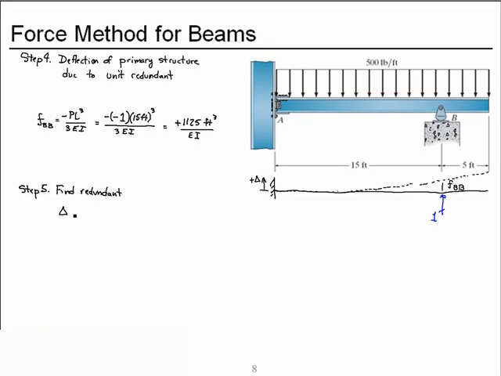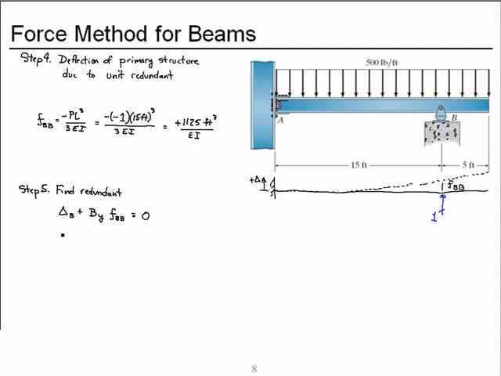Our equation of compatibility is the deflection at B due to the applied loads on the primary structure is equal to the amplifier By times the flexibility coefficient, or vertical deflection at B due to the unit redundant at B, and those add up to 0.